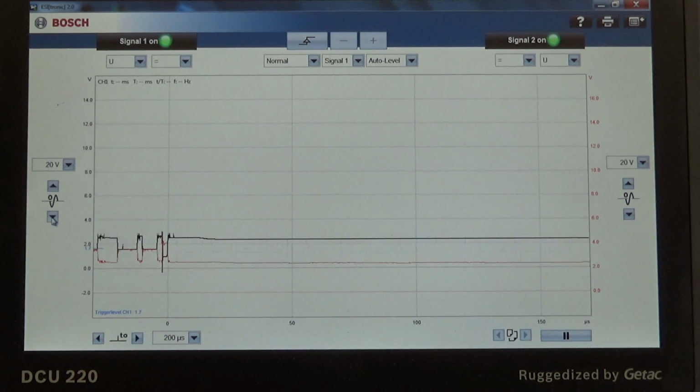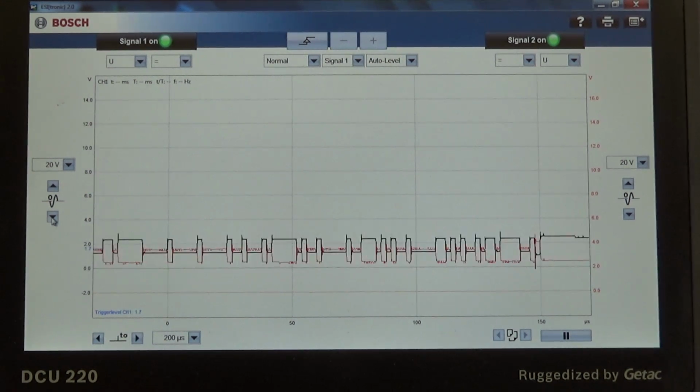Right, so with the scales dropped down now, I'm going to short to battery voltage.